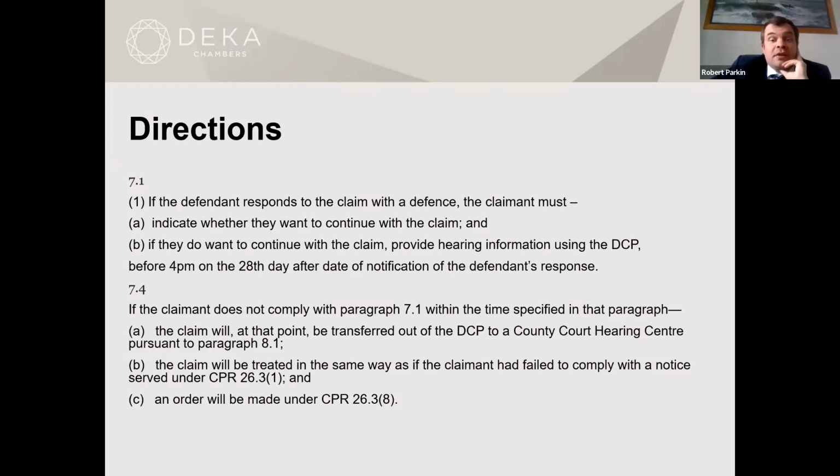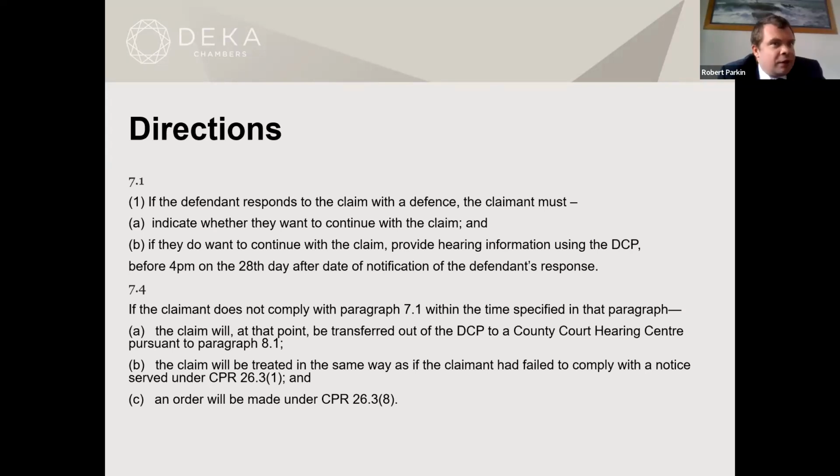And if they do want to continue with the claim, provide hearing information using the DCP. That's before 4 p.m. on the 28th day after notification of the defendant's response. And if that doesn't happen, the claim is transferred out of the DCP, going to come to that in a moment, and will be transferred to a county court hearing centre, and it will be treated as if the claimant did not file their directions questionnaire.